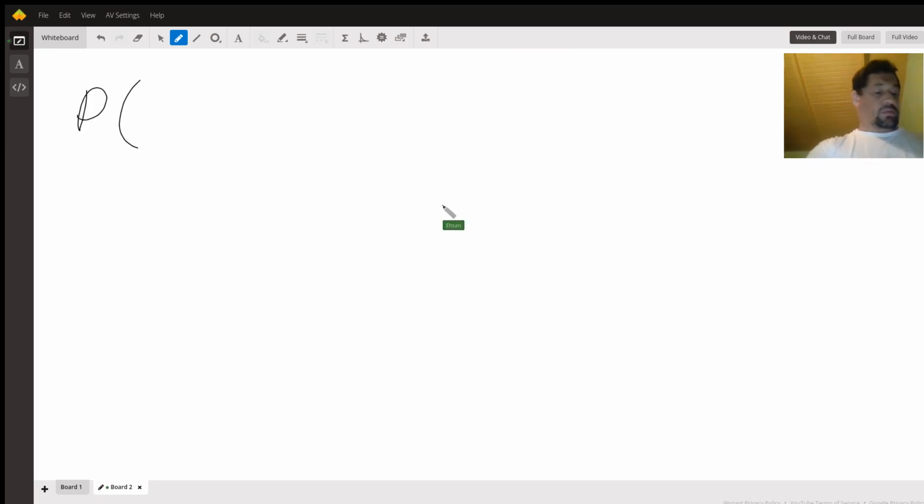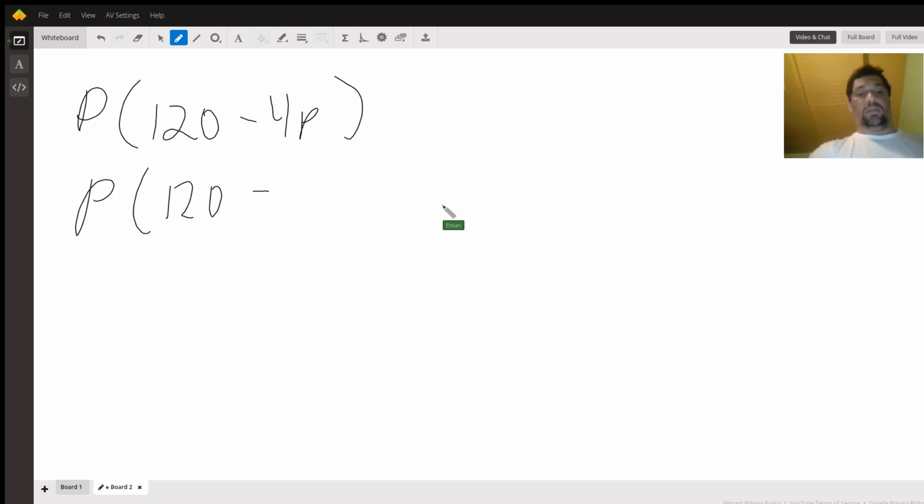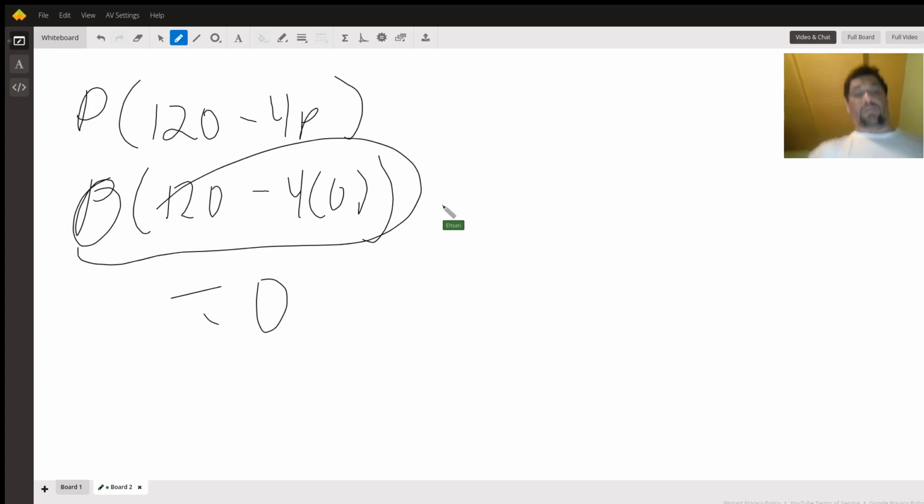Let's use this first function, P times 120 minus 4p, with 0. So we do P, 120 minus 4 times 0. That means 0 times everything, which is $0.